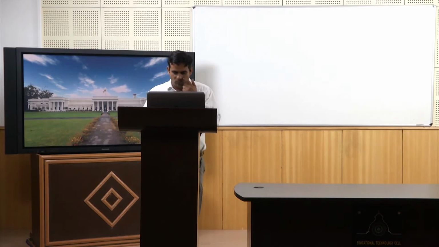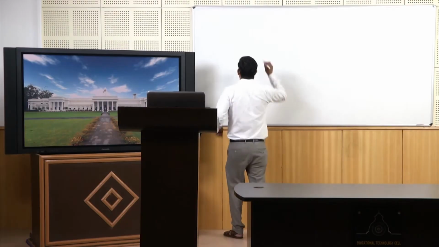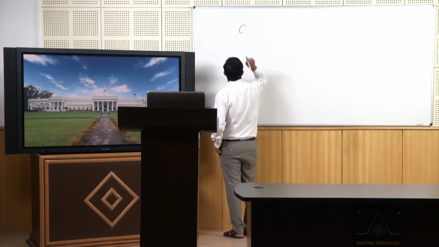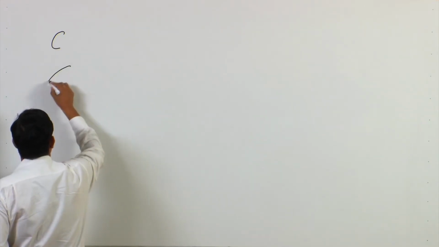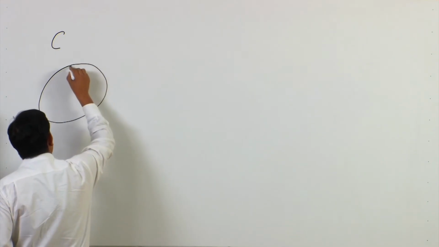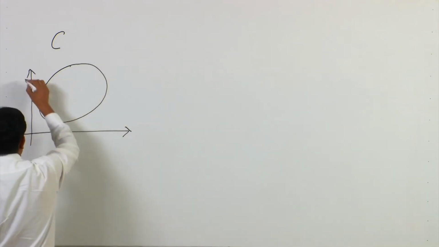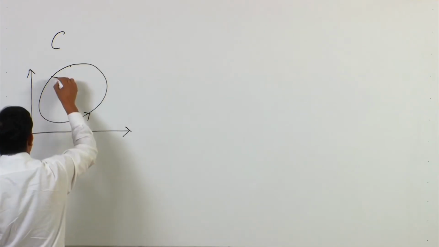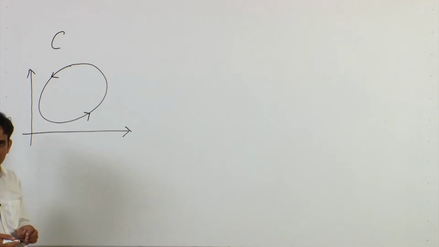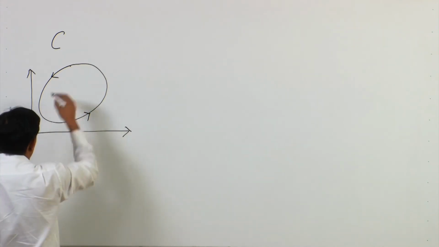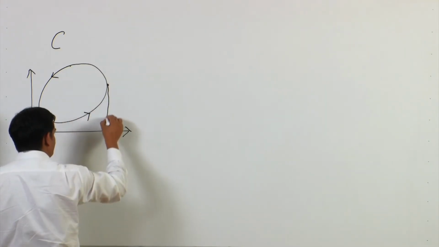So, let us see the proof of this theorem. Here we are assuming that we have a simple closed curve C which is bounding a region R. Let us assume this is our region R. This is curve C, which has counterclockwise orientation.